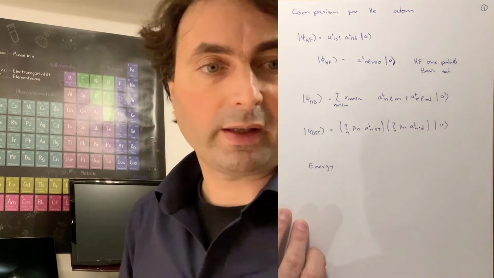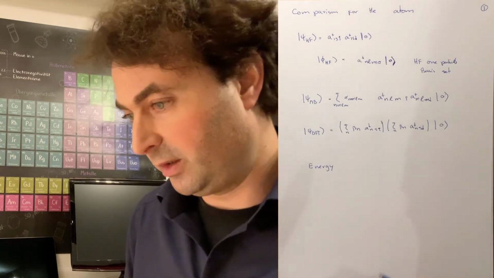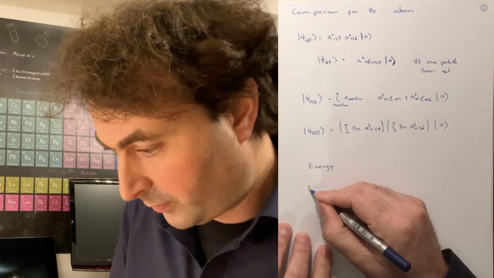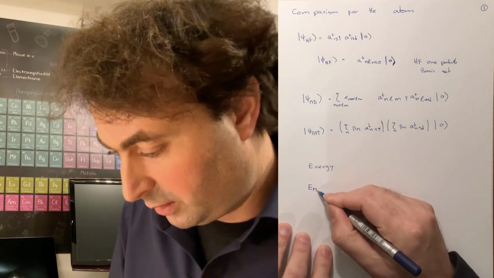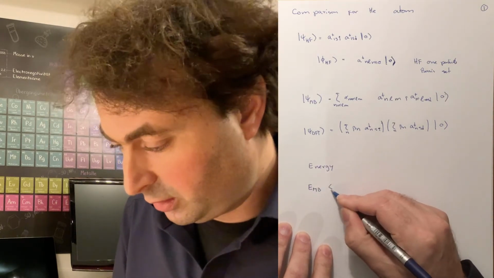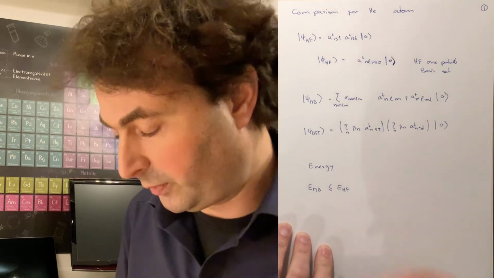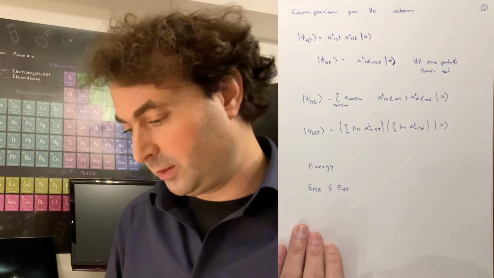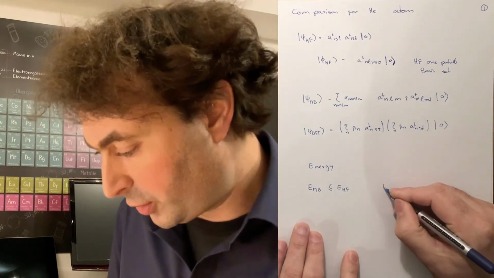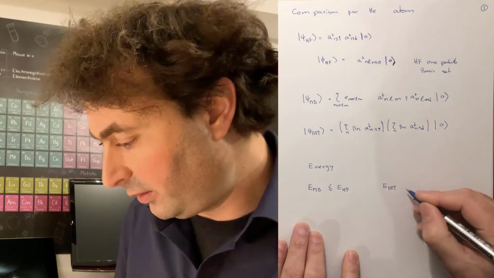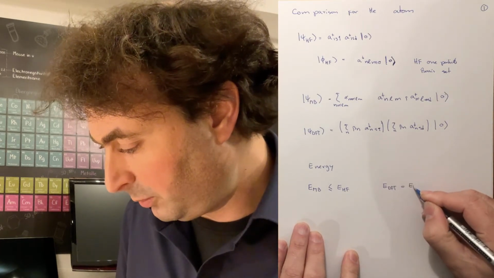I know that I have a variational principle and that the ground state, or the energy of the ground state, is the lowest energy. So by all means the many-body energy must be smaller or equal to the Hartree-Fock energy. We also know that if our functional is exact, the density functional theory energy is the many-body energy.